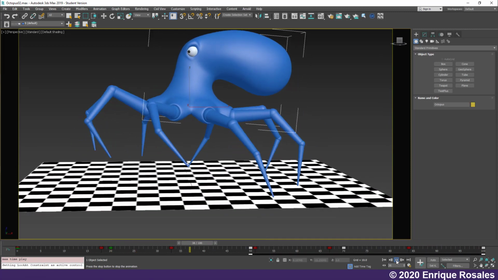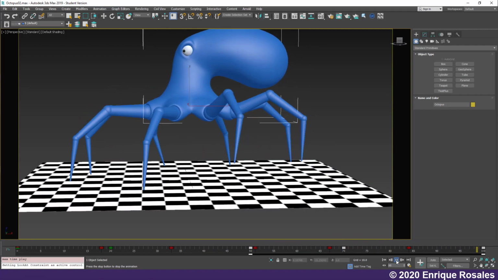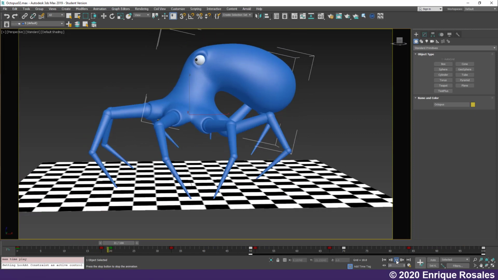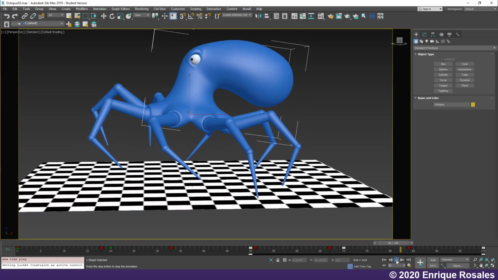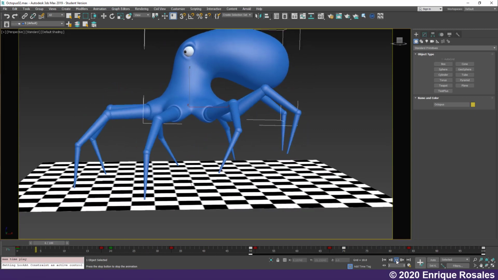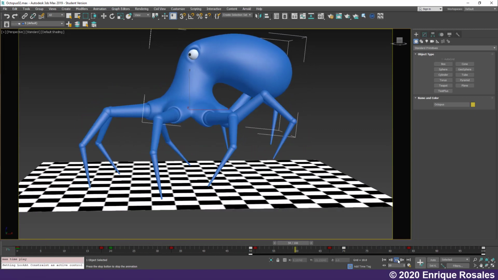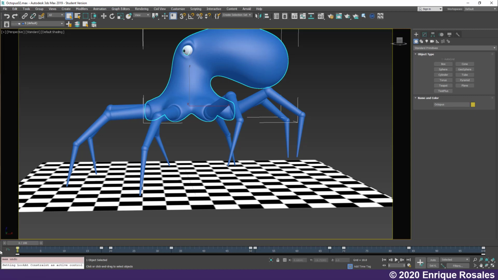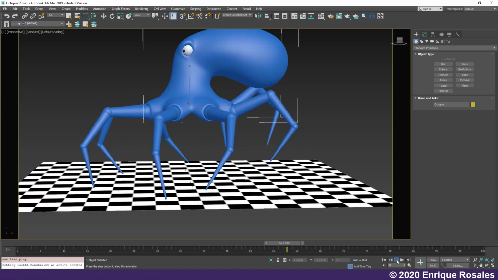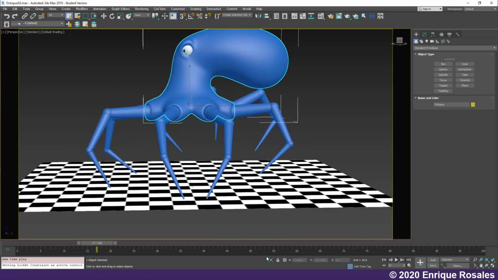So as you can see, the body of this octopus also has a certain animation, right? Which in that case will be just a transformation matrix using sine waves, for example. But I will get rid of that animation for now, just temporarily. So I will get all the keyframes from this head, and now the head doesn't have any animation at all, right?